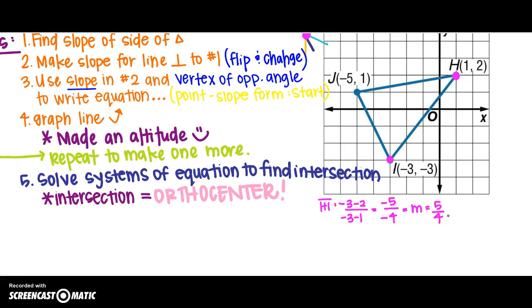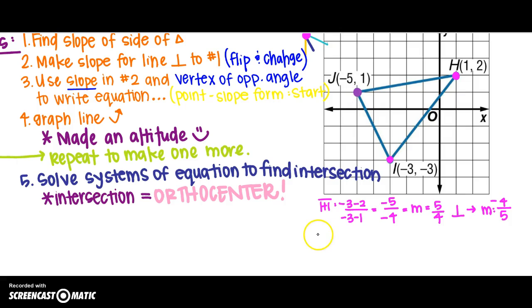My next step is to find the perpendicular slope to that. So remember, I'm going to flip it and change its sign. So I'm going to flip it to 4 over 5, changing its sign to negative 4/5. Now remember, we're trying to find the orthocenter, aka trying to find the altitude. So we need to use the opposite vertex.